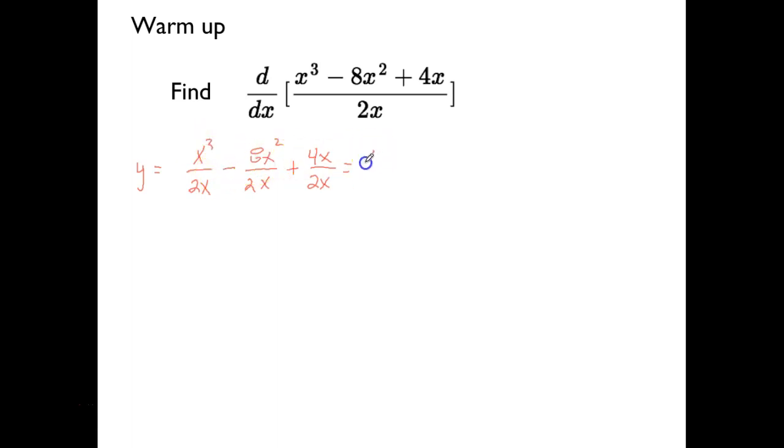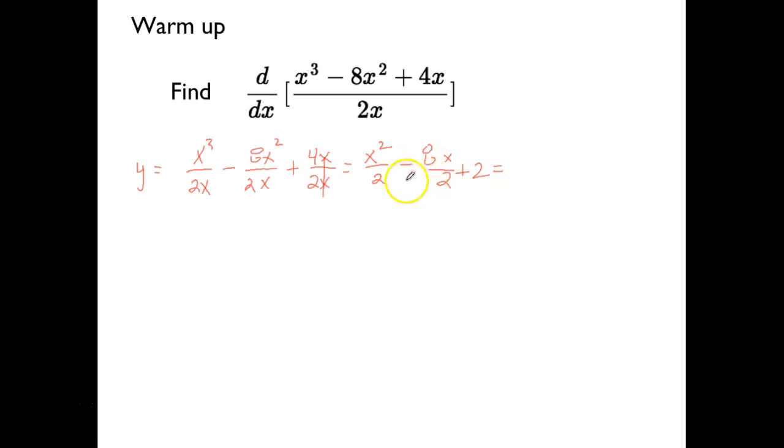You can cancel that out to make x squared over 2. This one right here, you can cancel out one of the x's to make this minus 8x over 2. And obviously I can still simplify those coefficients. I'll do that in just a bit. And then these x's can cancel, and that can simplify to 2.